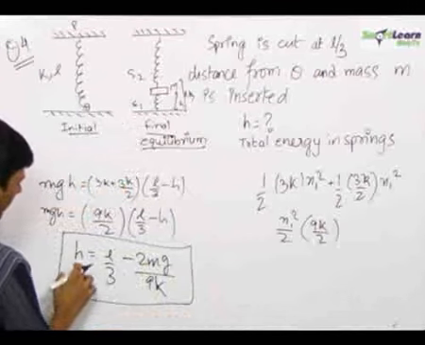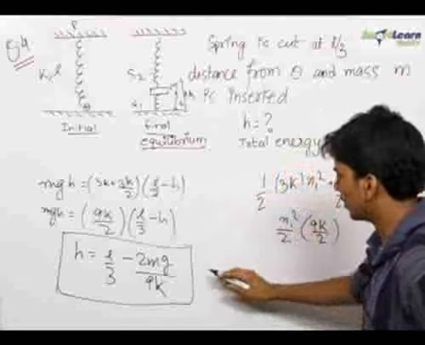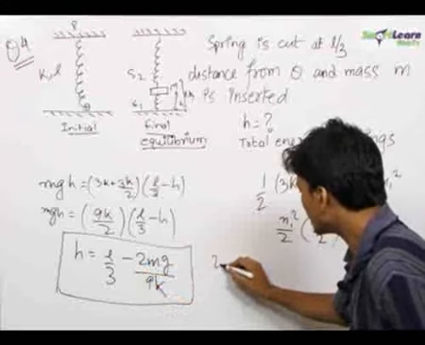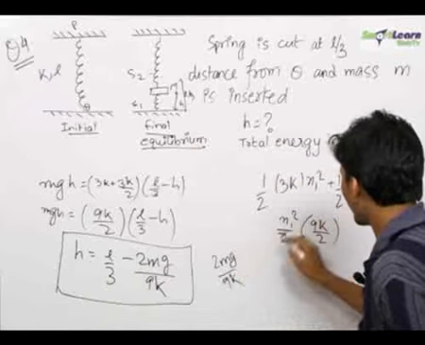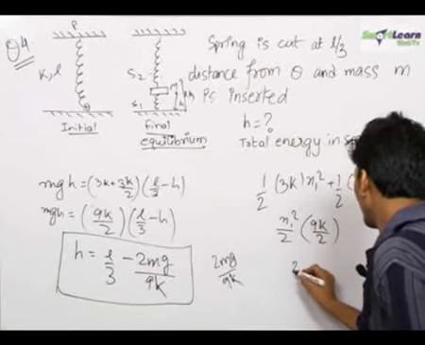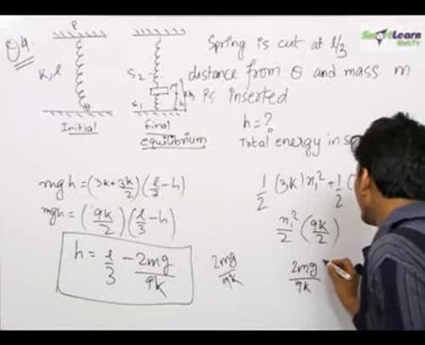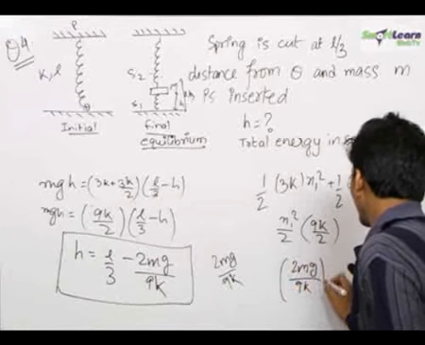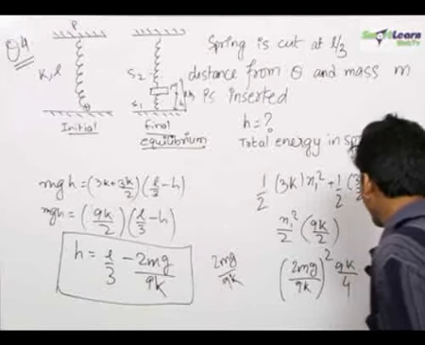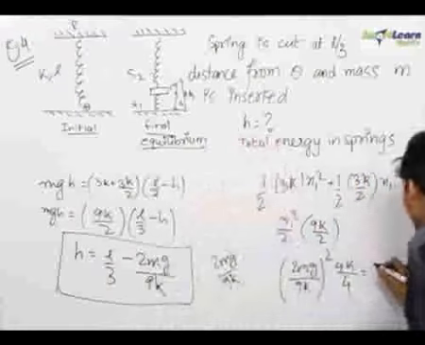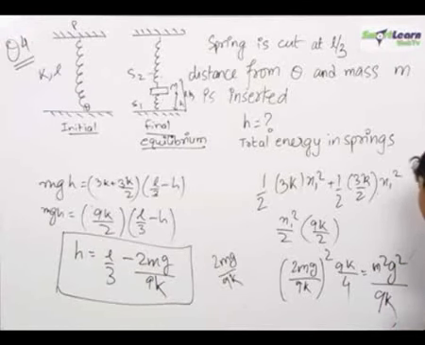Now x1 is equal to L by 3 minus h. So L by 3 minus h can be seen as 2mg by 9K. So we can write x1 as 2mg by 9K. Therefore the final answer becomes 2mg by 9K whole square into 9K by 4. That is equal to m square g square upon 9K.